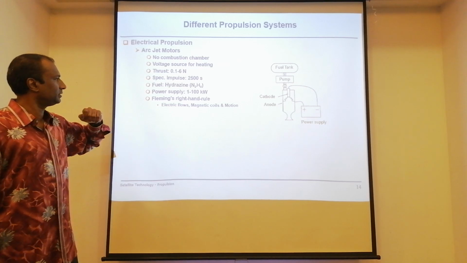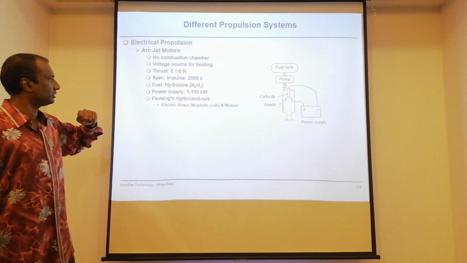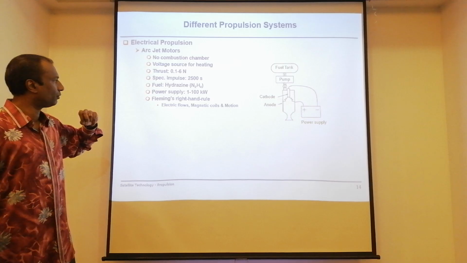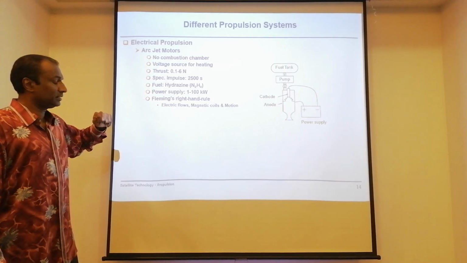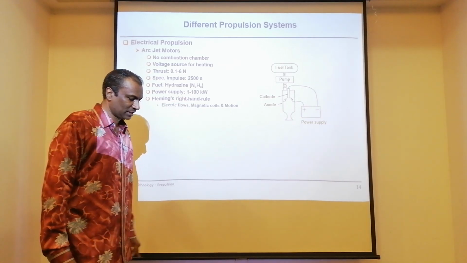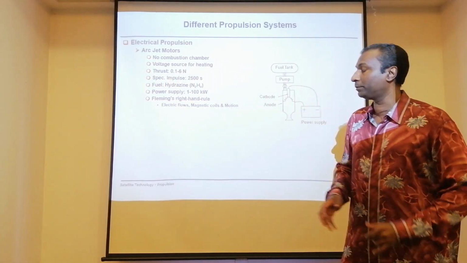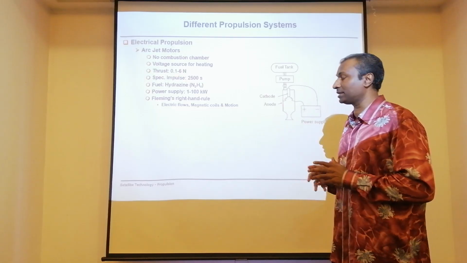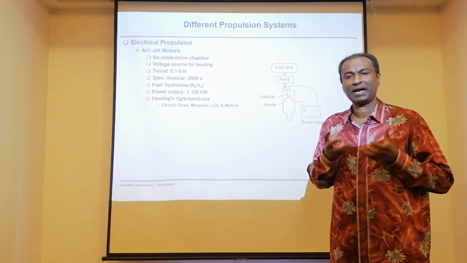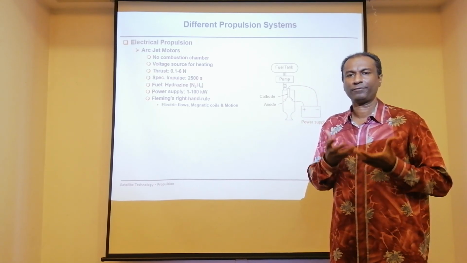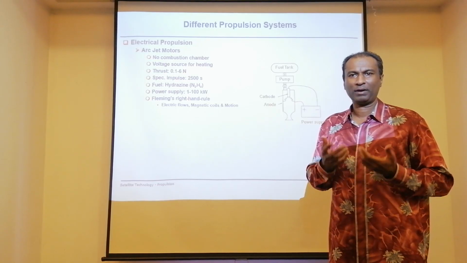Fuel is not typically an issue; sometimes we can use hydrogen or hydrazine, N2H4. Power supply: the biggest disadvantage of ionic propulsion, or rather electrical propulsion, is the high requirement of power.